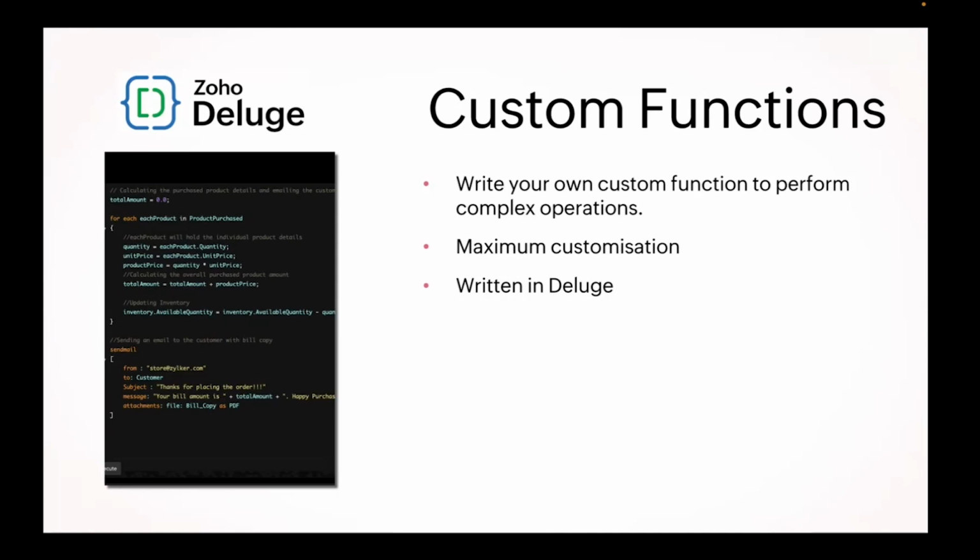However, a drag and drop solution might not be possible for complex use cases. For those occasions, we might need to write our own custom functions. Custom functions are written in Deluge, Zoho's own language, and this offers maximum customization.